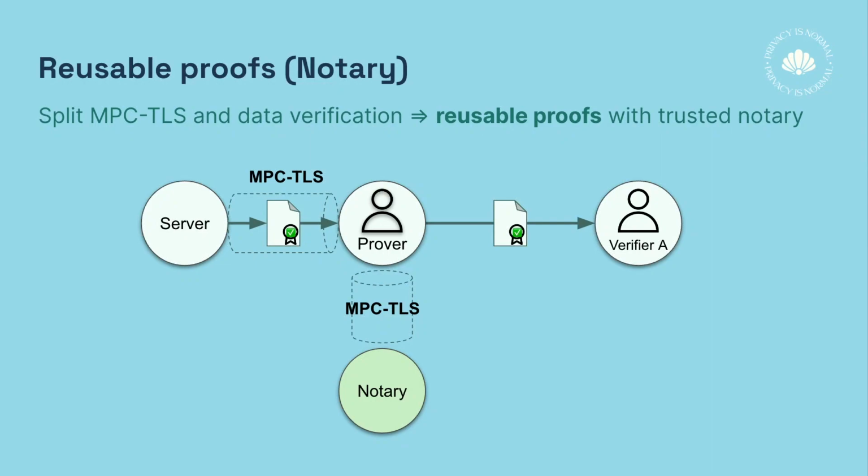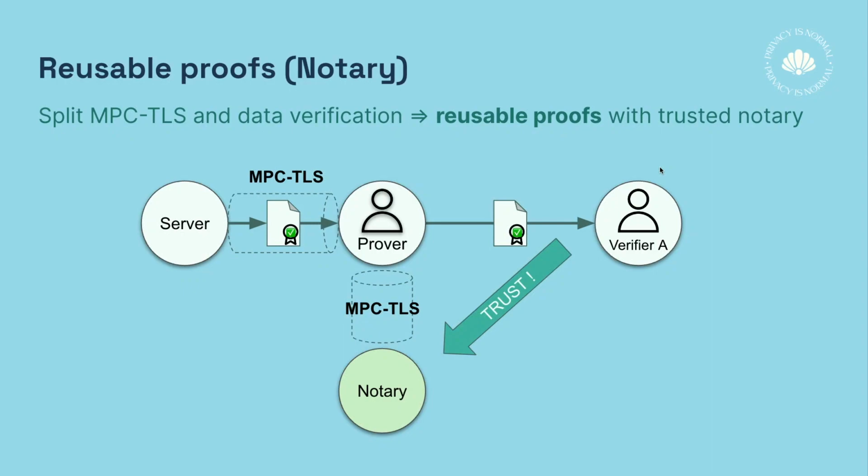So for most use cases, the setup I've shown before with just a server, prover, and verifier should be enough. But for certain use cases, you want the proofs to be reusable. And so for that scenario, it's also possible to split the MPC-TLS verification from the actual data verification. And that's what you see here in this diagram. So we introduced the notary here, who only does the MPC-TLS verification, and then the data itself is checked by somebody else.